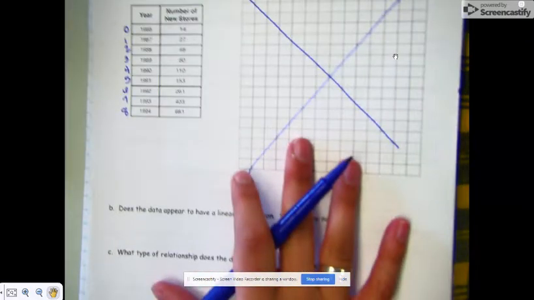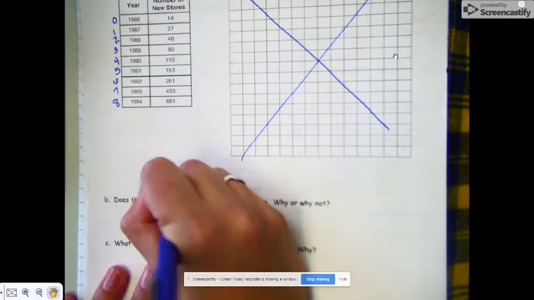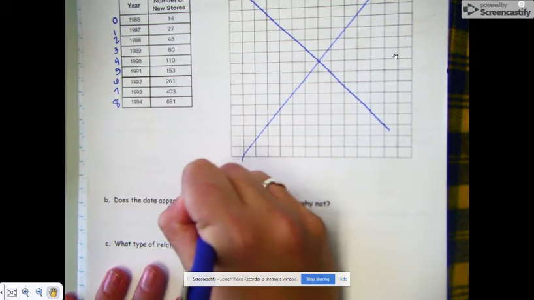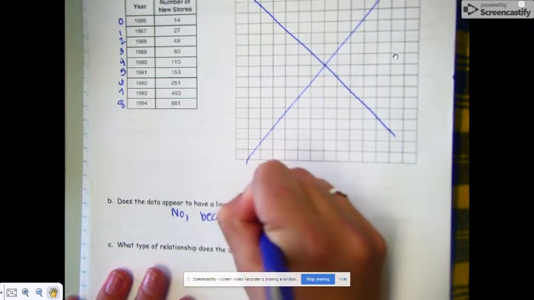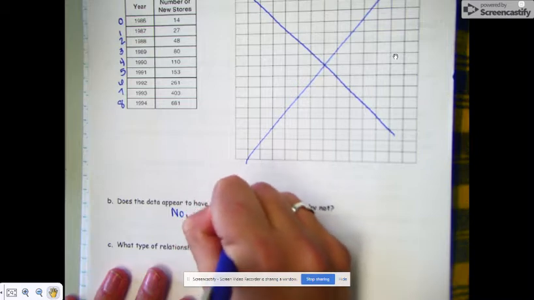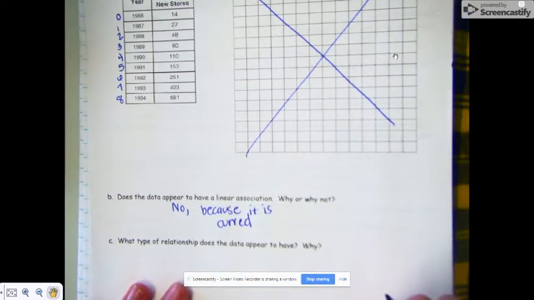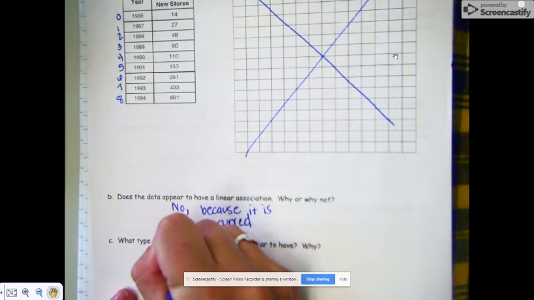Does this data appear to have a linear association? No, because it is curved. Then it says, what type of relationship does the data appear to have?